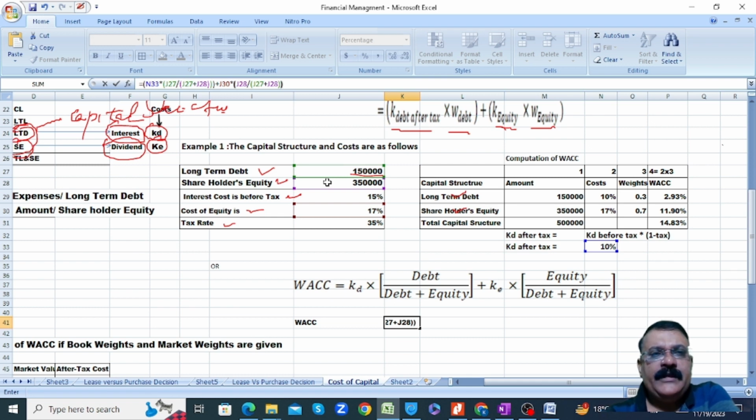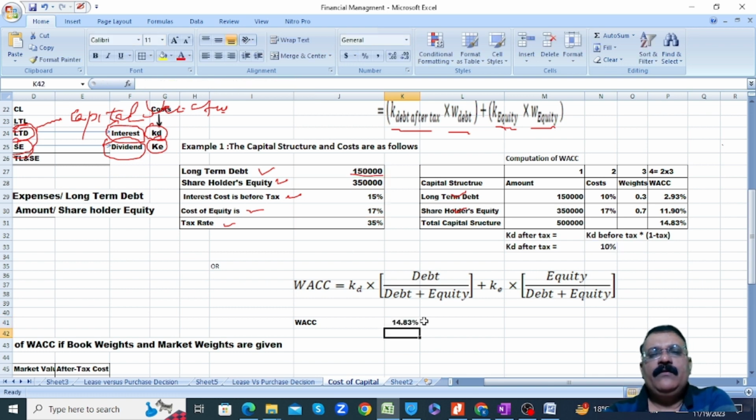We will close here both of these two functions as well as. Now we have computed the weighted average cost of capital, that is the 14.83%.